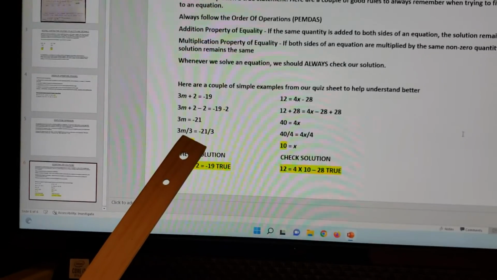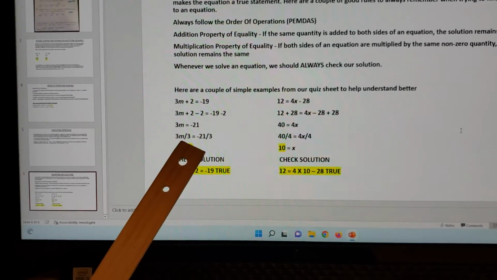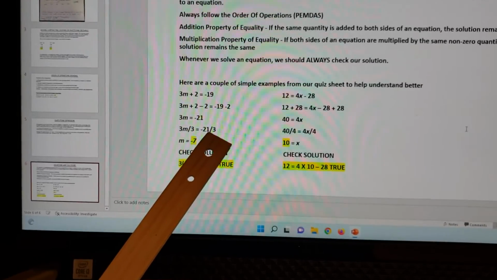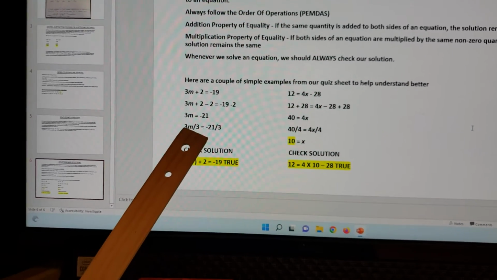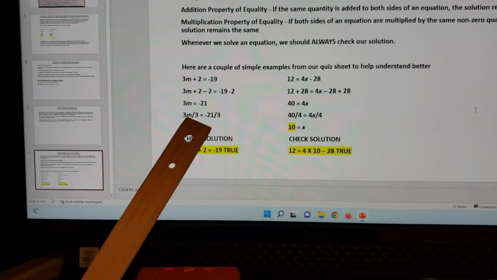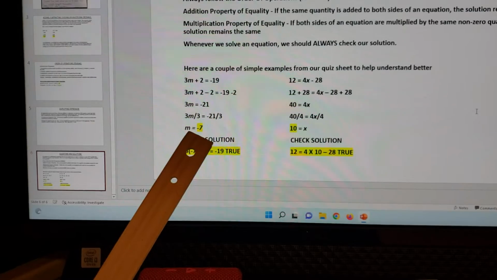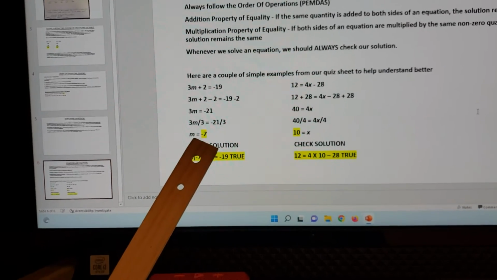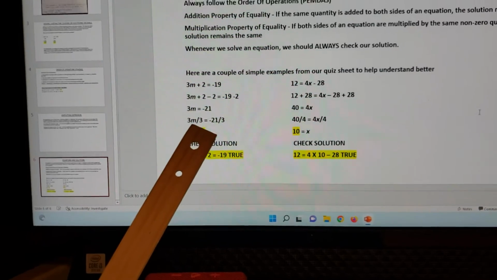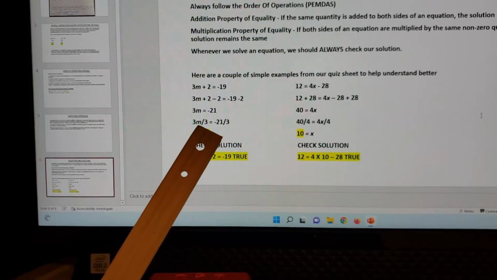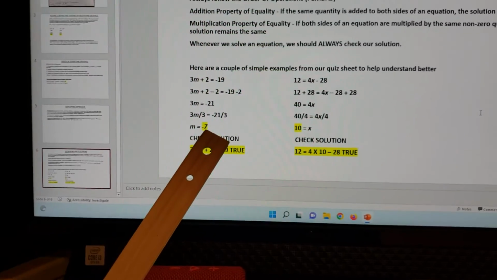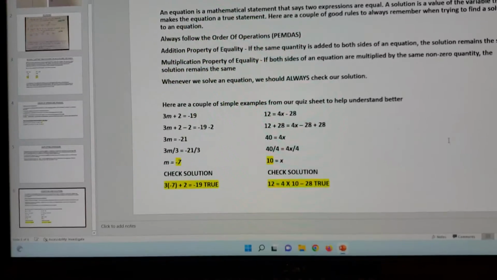From there, you can divide both sides by 3, which will make this become m equals -7 because you divided both sides by 3. m is all you have left over on that side, and -21 divided by 3 is -7.